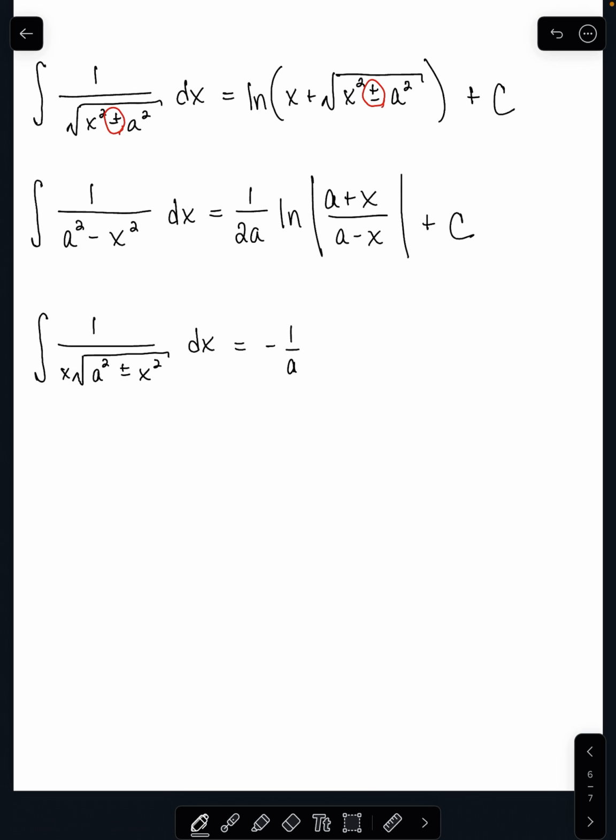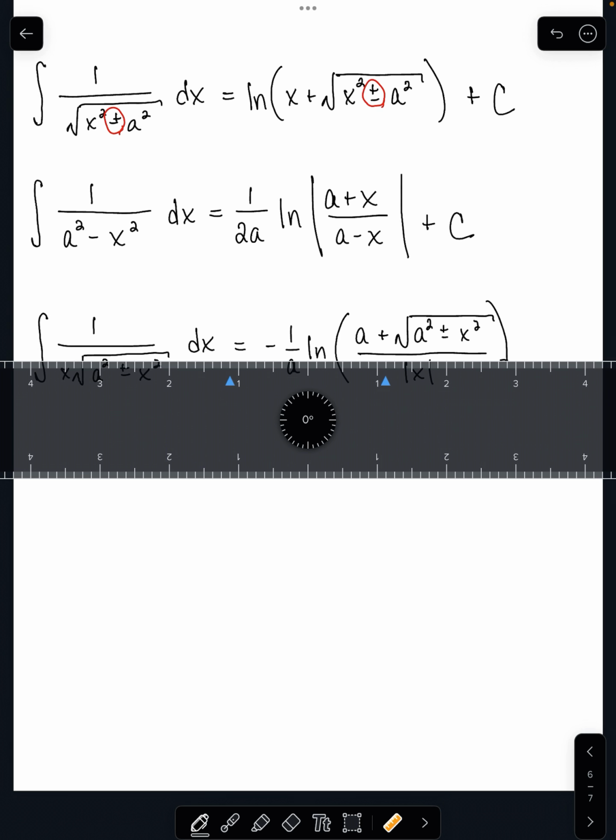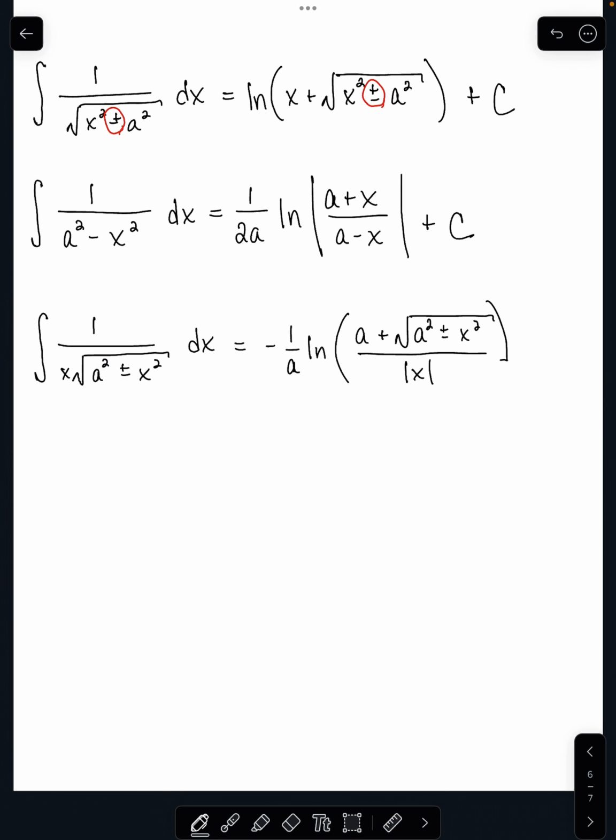And they both produce negative 1 over a times the natural logarithm of a plus the square root of a squared plus or minus x squared over the absolute value of x plus c.